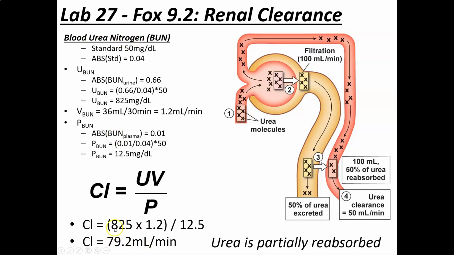Since its clearance, 79.2, is less than 125, blood urea nitrogen is partially reabsorbed. So it's reabsorbed. And our body is actually holding on to some of it. So again, pretty easy. All you have to do is calculate what the clearance is and then compare it to normal GFR. And if it's less, it's reabsorbed. And if it's greater, it's been secreted.